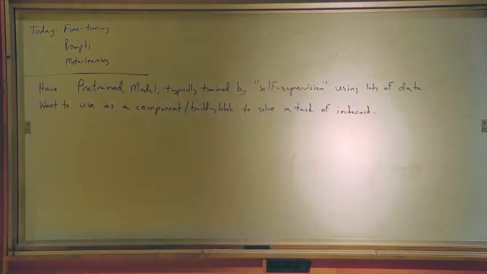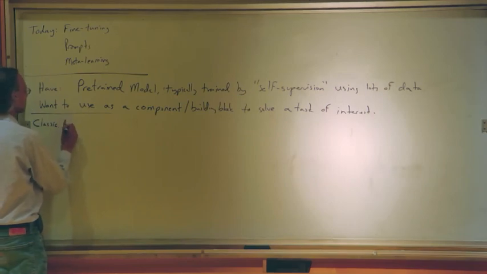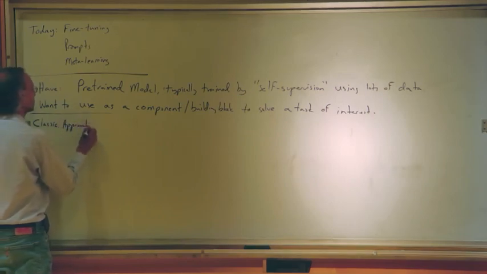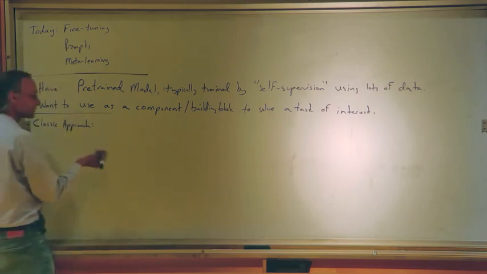So we talked about two approaches already for dealing with this. I'm going to think about them at an abstract level, and then we're going to talk about some more different things that can happen. First, the classic approach, which has lots of names.